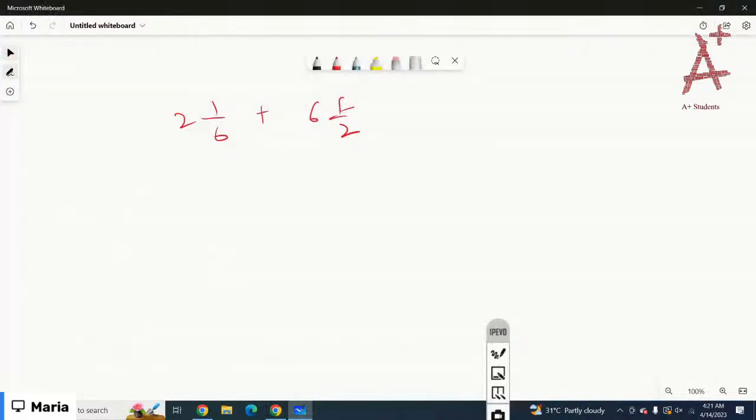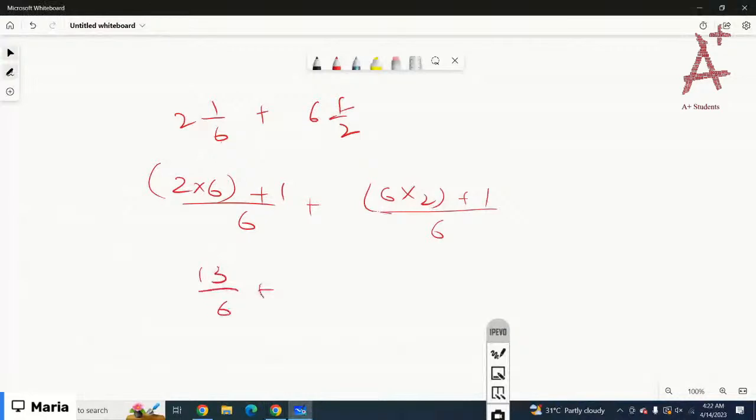You need to do 6 times 2, plus 1 over 6. Then 6 times 2 and plus 1 divided by 6. Got it? So it would be 12 and 1, 13 over 6. And plus 3 times 2 is 6 and 1, 7 over 2.